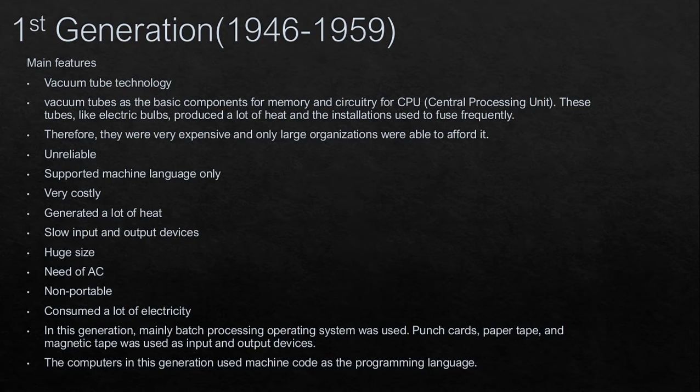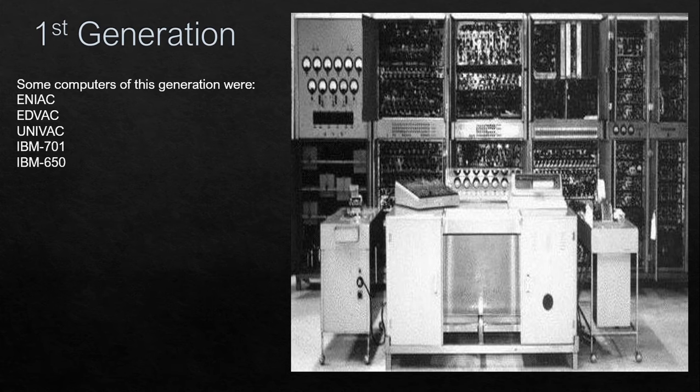It consumes a lot of electricity and because so many vacuum tubes are used, it produces lot of heat and AC is must for this generation computers. And some of the computers in this generation are ENIAC, EDVAC, UNIVAC, IBM 701 and IBM 650.